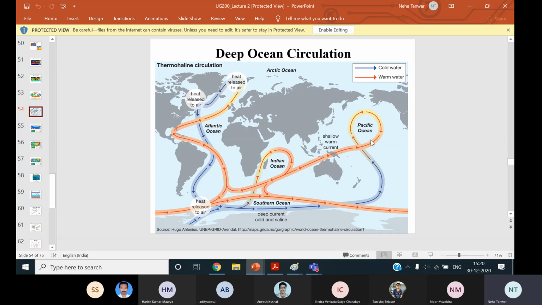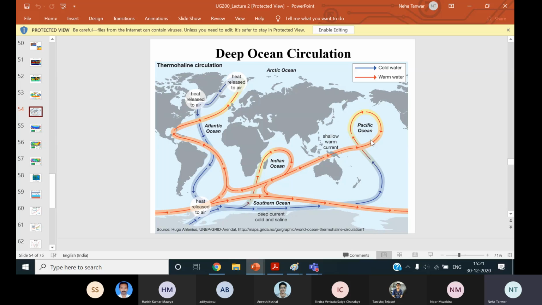What is the threshold? Is there any threshold, like above this salinity or below this temperature, deep water formation can occur?